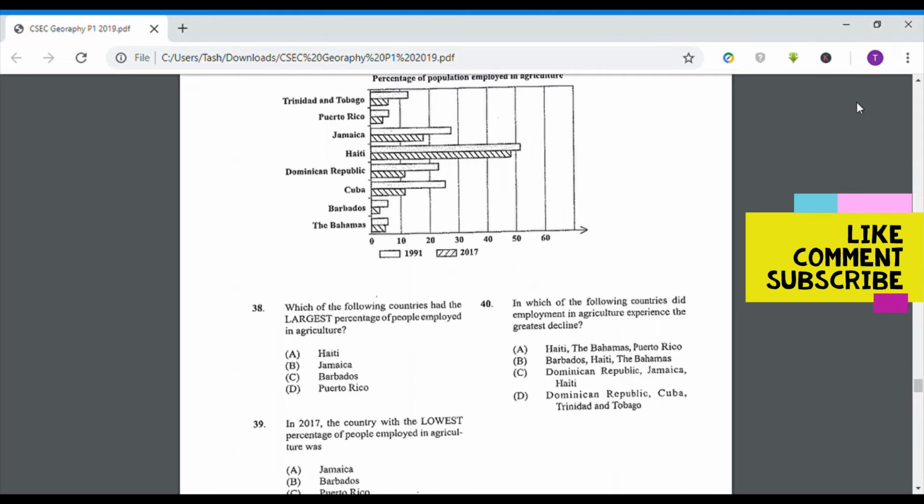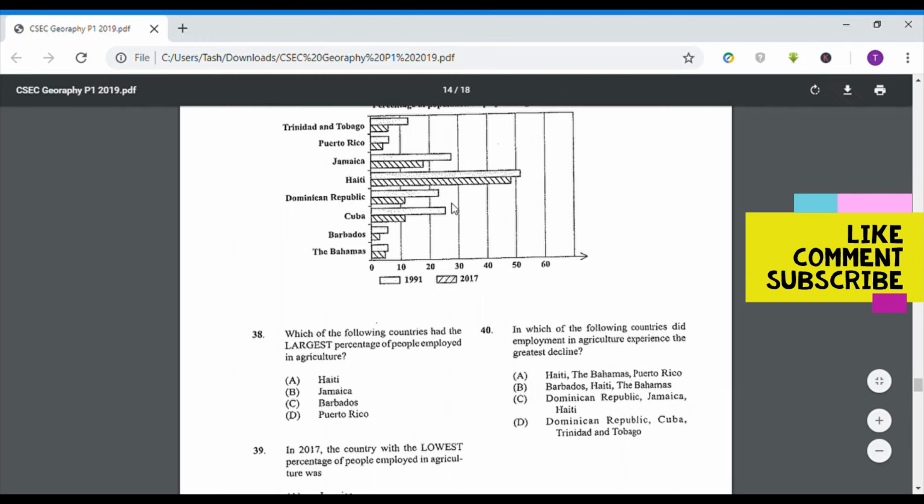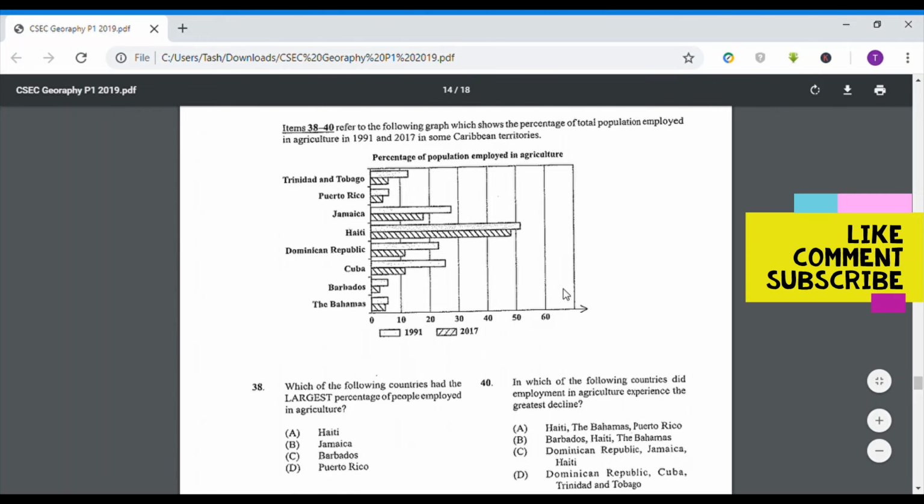Which of the following countries had the largest percentage of people employed in agriculture? So this section here is showing us the percentage of people, and we have this bar that is not blocked out for 1991 and this bar, the lines in it, for 2017.